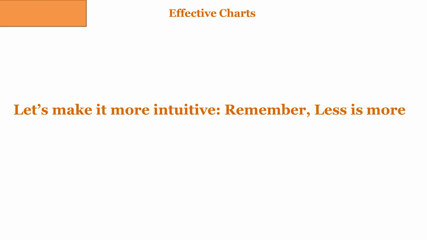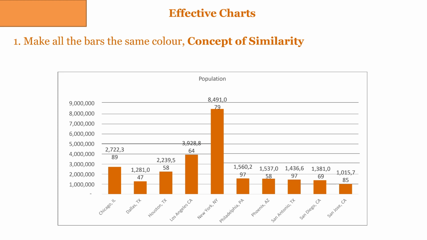First, we need to always remember that less is more. So let's make all the bars the same color. We are first going to apply the concept of similarity, so we make every single bar the same color.